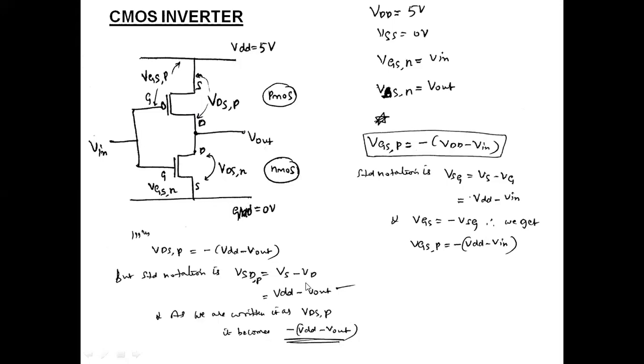Hence I can write VDS,P as minus of (VDD minus Vout), so this whole term is minus.